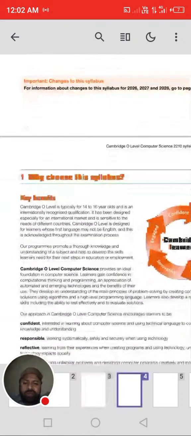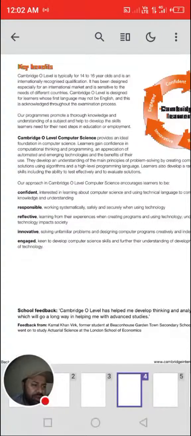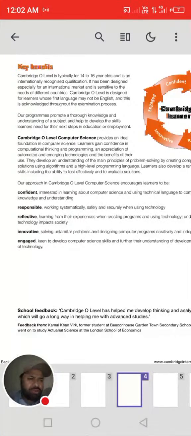But we go below and see further what is in it. Remember, this is an introductory lecture regarding all about this subject for the 2026 to 2028 exams at O Level Computer Science, 2210.